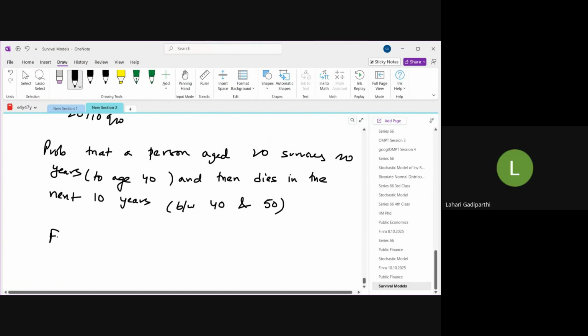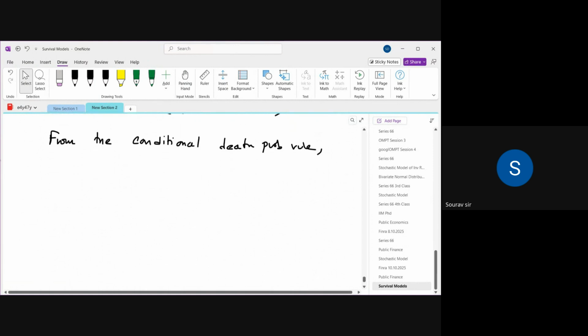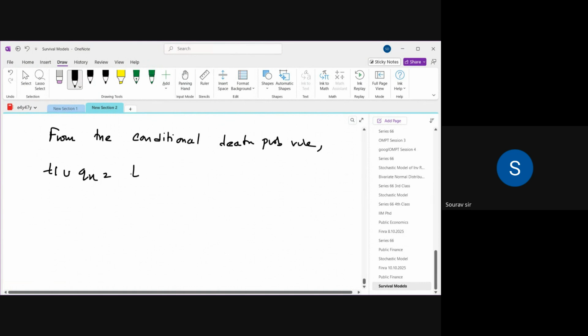Correct? So from the conditional death probability rule, t|u qx will be, how we write it down? tpx multiplied by uqx plus t.